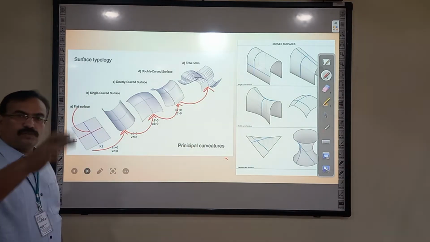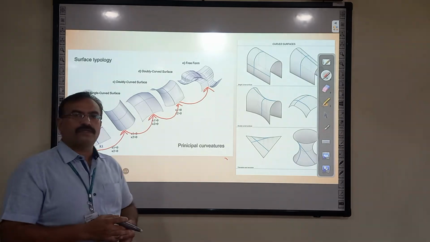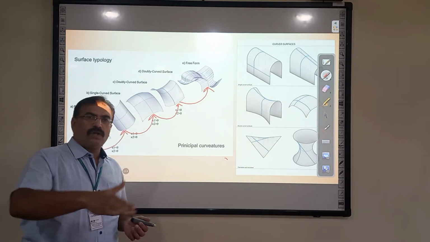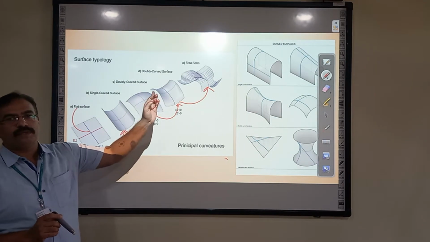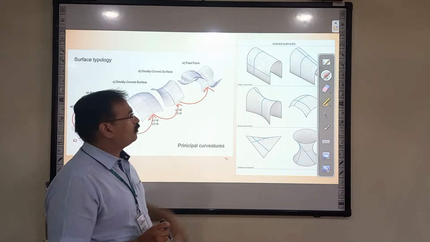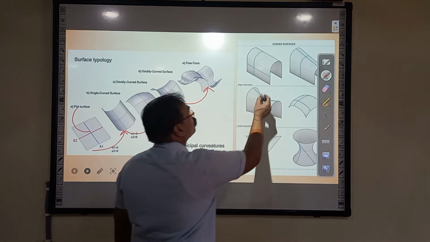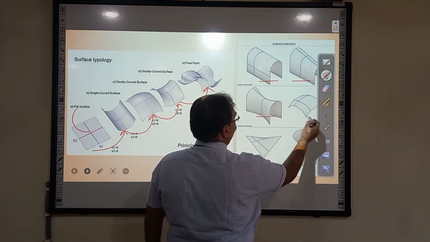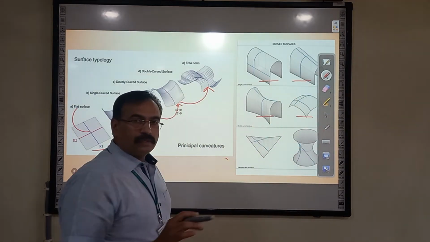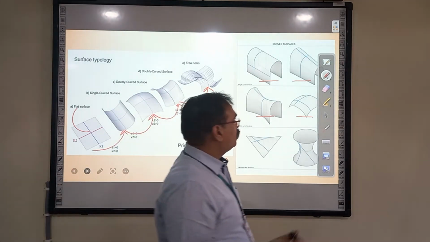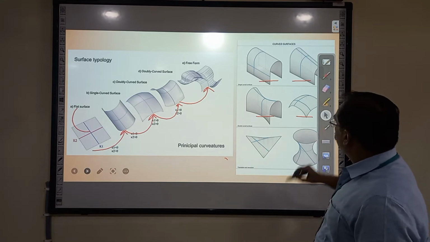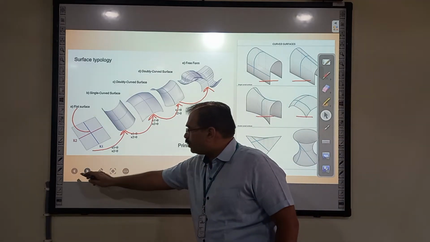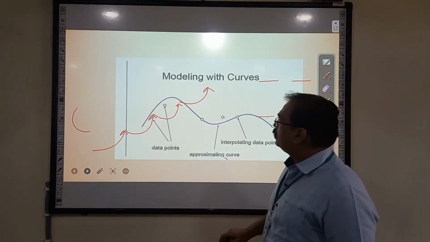If we are just seeing a flag or a cloth waving, at that moment the same object may be regenerated as a surface of a different kind. Or here also, this kind of surface can be generated. So surfaces will be 3-dimensional, and curves will be 2-dimensional. We are going to see how to deal with this.